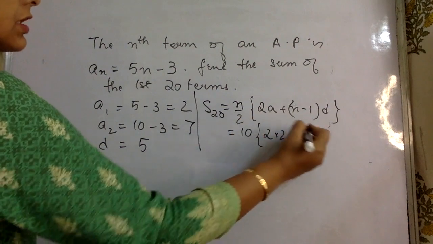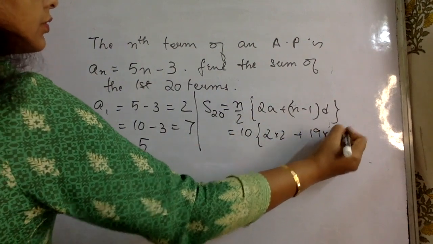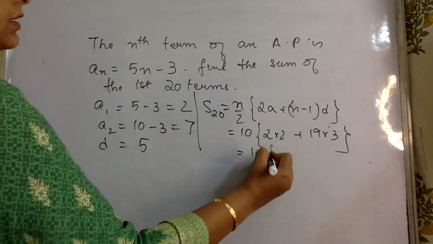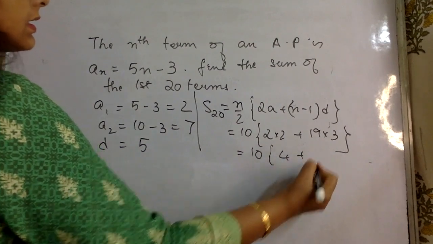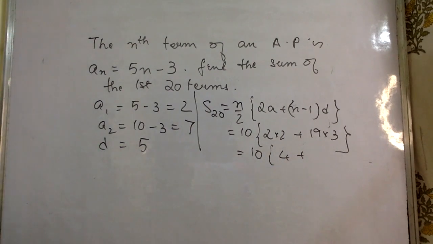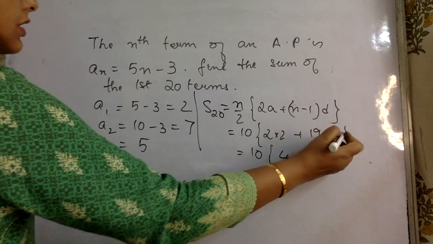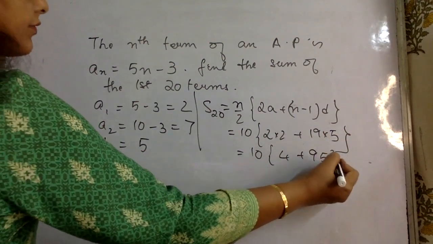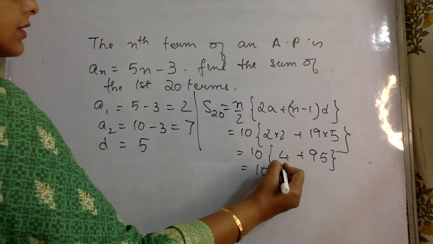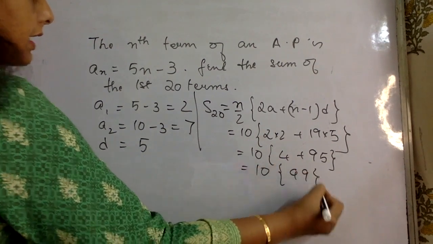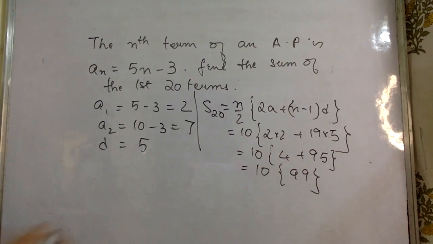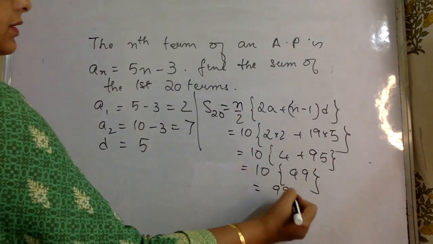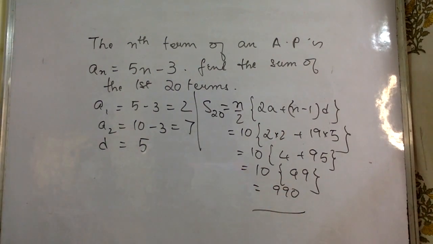N is 20, so I'll write 19 here, into common difference 5, that is 95. So 4 plus 95 is 99, isn't it? So that comes to 990. So the sum of the first 20 terms is 990.